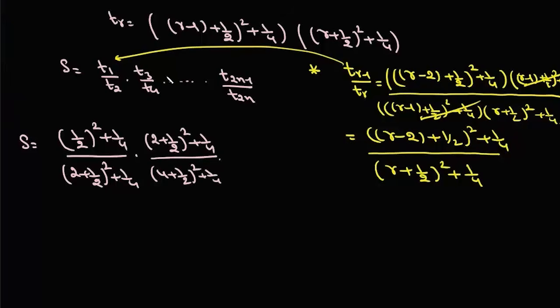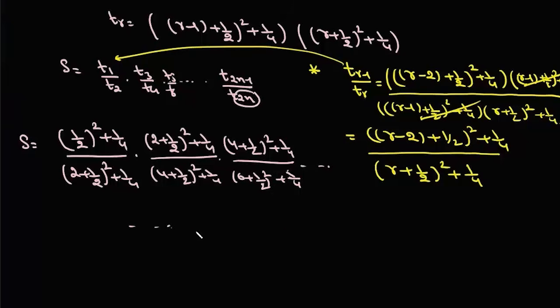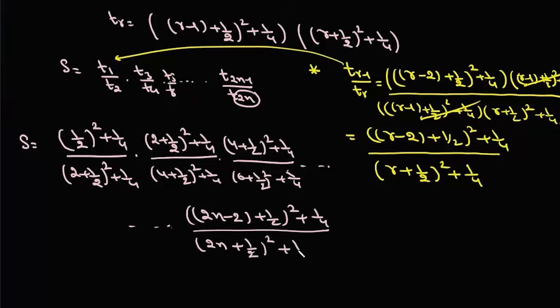We'll write one more term, t5 upon t6. So if we put r as 6, we'll get 4 plus 1 by 2 square plus 1 by 4 upon 6 plus 1 by 2 square plus 1 by 4, and this series will continue up to 2n terms. So we'll put r as 2n. So here we'll get this as 2n minus 2 plus 1 by 2 whole square plus 1 by 4 upon 2n plus 1 by 2 whole square plus 1 by 4.